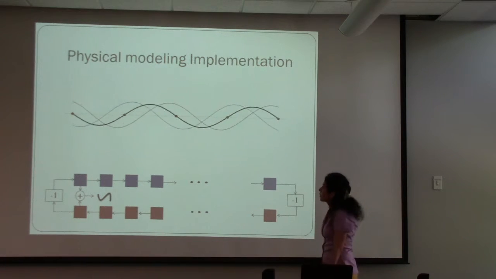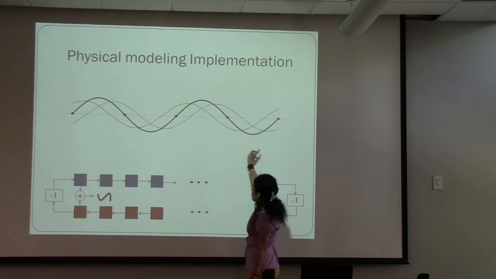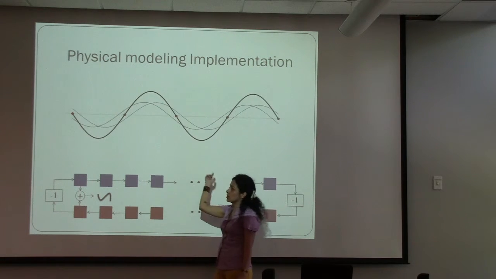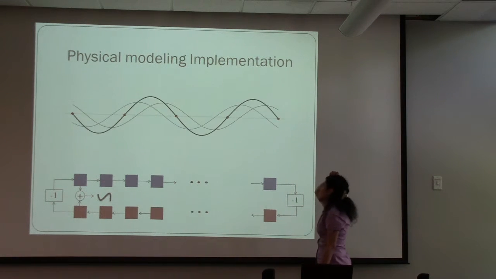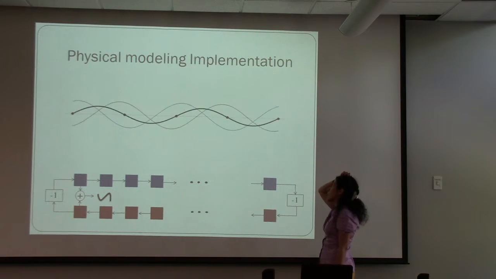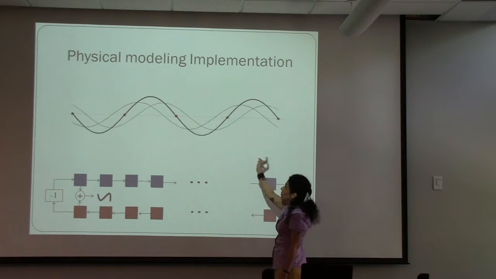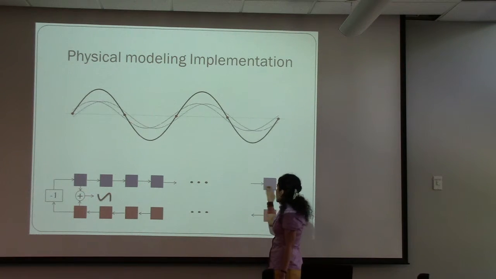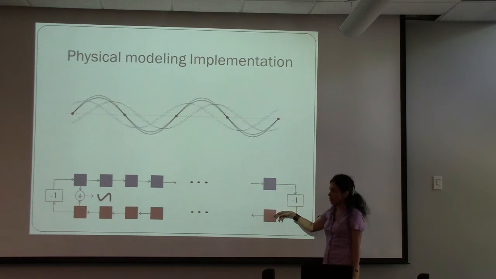So here, we have another example. They are fixed at both ends, for example, like a string of a guitar. When you pluck a string, this standing waveguide is generated, which has left- and right-going waves. In implementation, we have two delay lines.